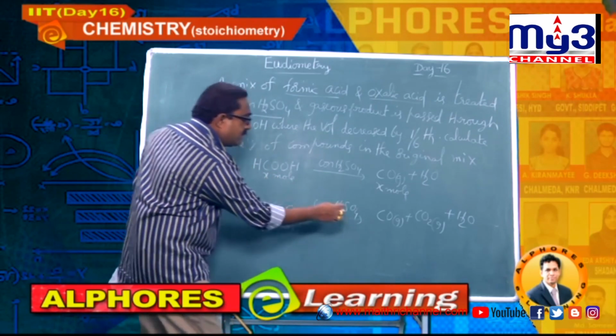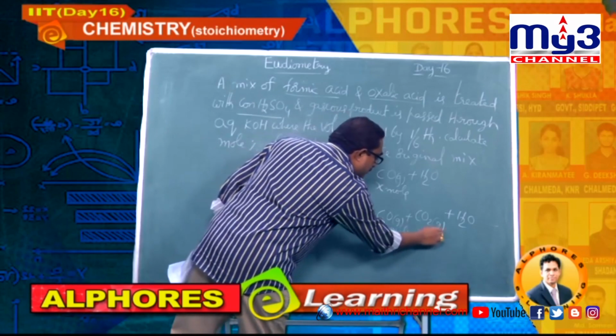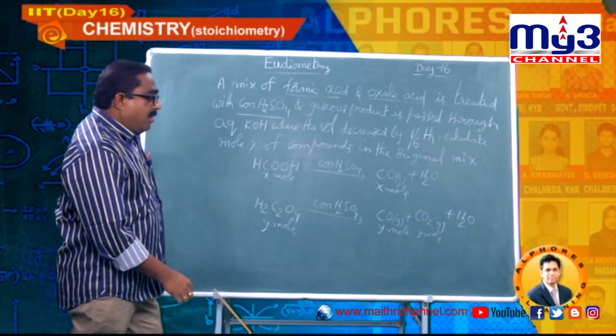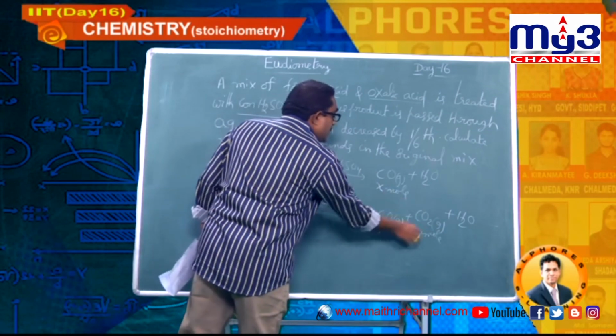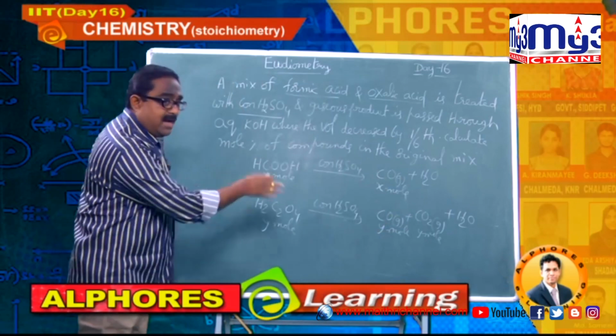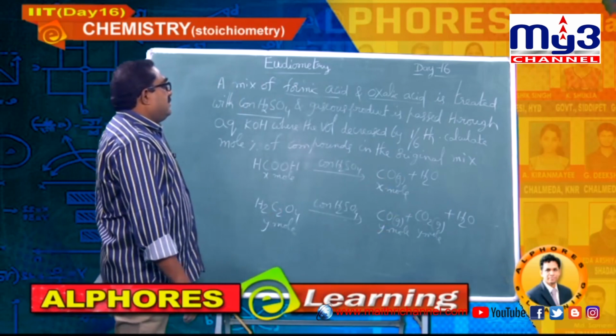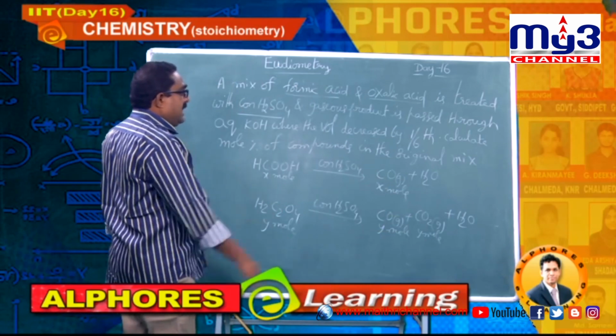So Y moles should give Y mole and Y mole. And moreover, these are gases: two gases are there, monoxide and dioxide of carbon. And if you go through the question, he has given one more data.